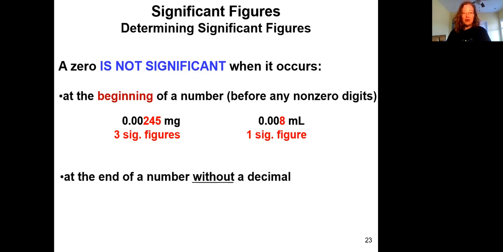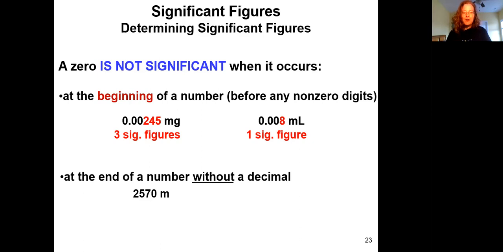At the end of a number with a decimal, without a decimal. At the end of a number without a decimal, no one went to the excruciating effort of drawing the decimal. So what they're saying here is we were positive that it was 2,500 something meters.